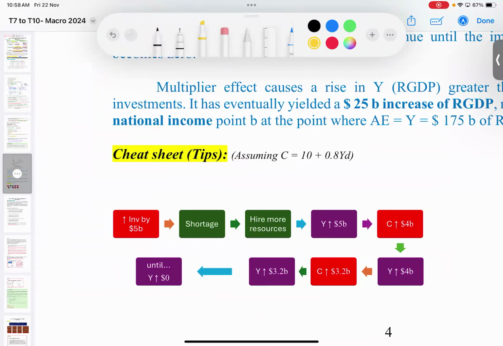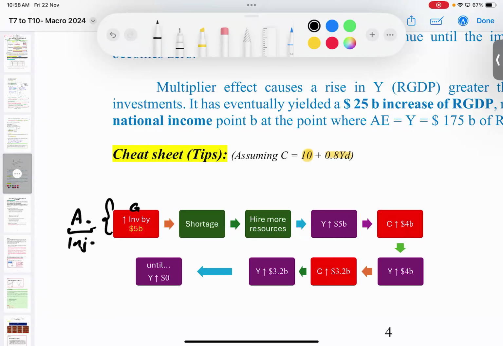When my consumption function is 10 plus 0.8Y and investment increased by 5 billion, this could be investment or government spending. Any injection is called a capital letter A, injection.